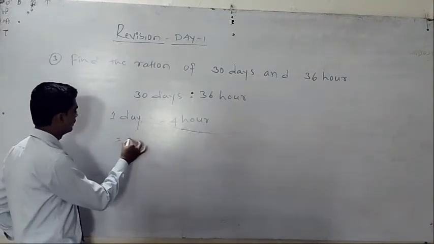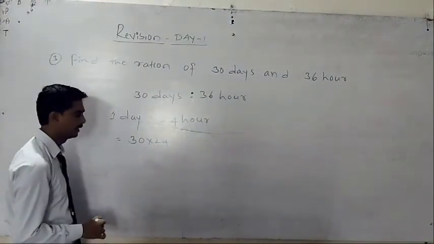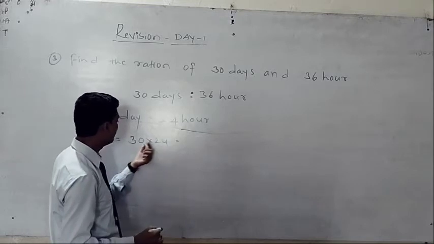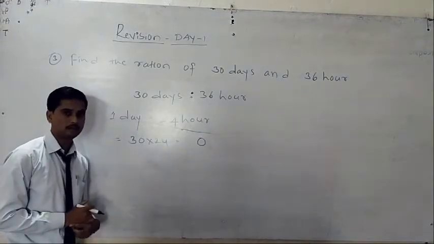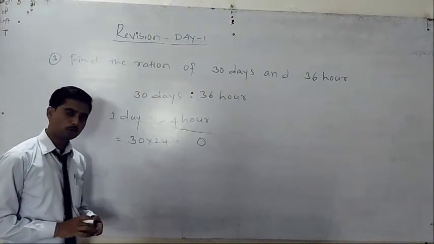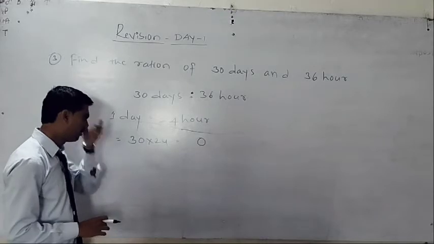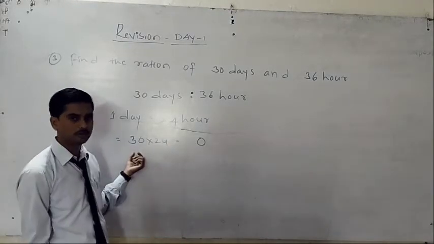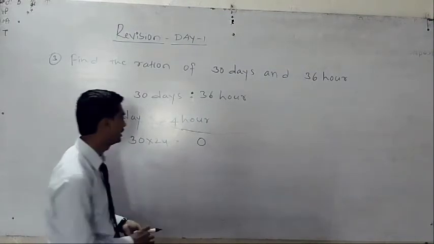Okay. Then 30 into 24. 24 zeros are 0, 24 threes are... 24 twos are 48, and 24 threes are how much? 52, 62, 72.